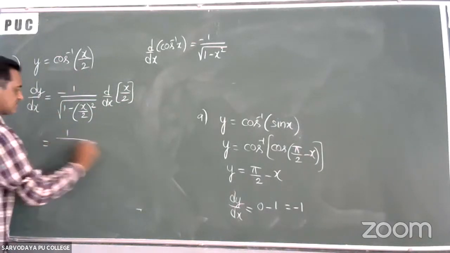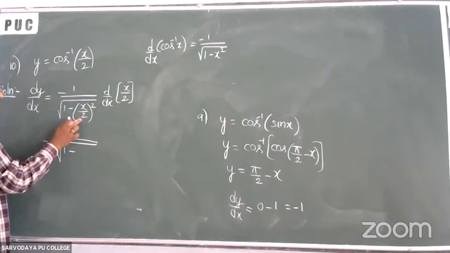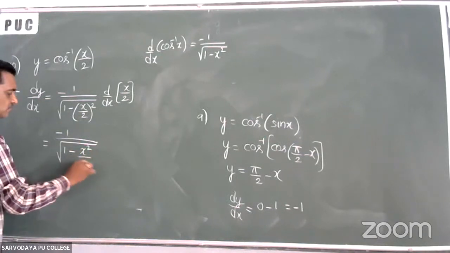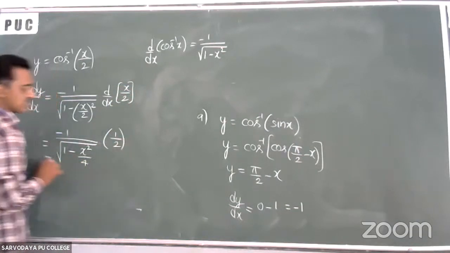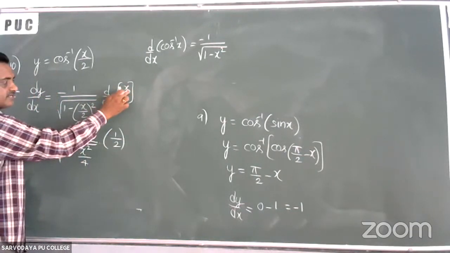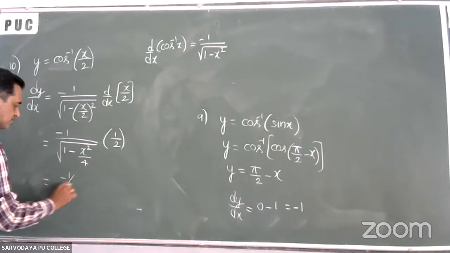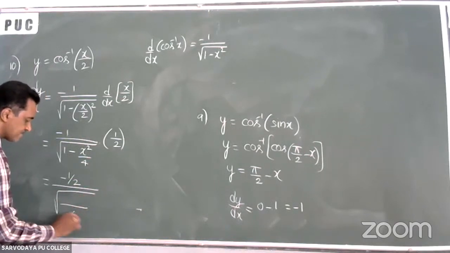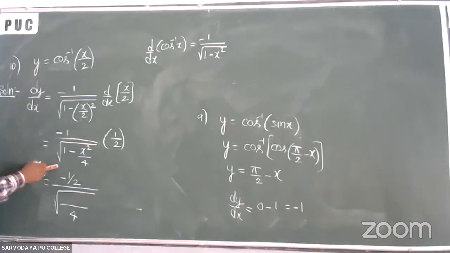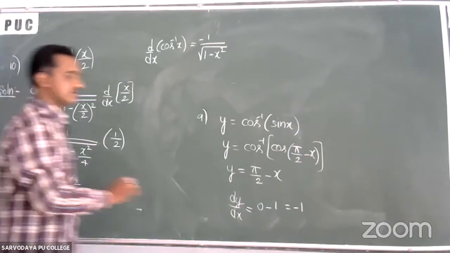Next, this is equal to minus of 1 divided by square root of 1 minus x square by 4, into the derivative of x by 2. x by 2 is 1 by 2 times x, 1 by 2 is a constant, and the derivative of x is 1. So this is equal to minus 1 by 2 divided by root of, here 4 is the LCM factor, 4 minus x square.